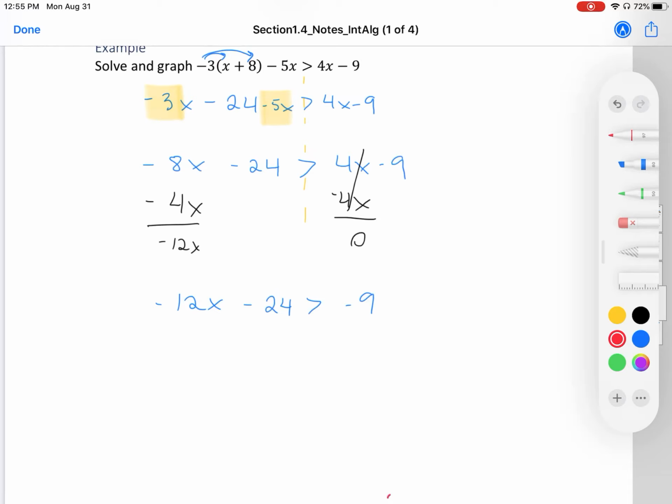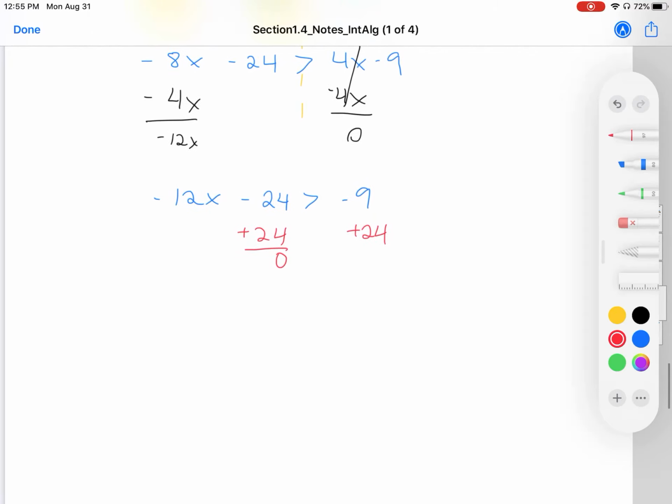Let's move the 24 over, so let's add 24 to make 0. Add 24. And we're left with negative 12x is greater than negative 9 plus 24, which gives us 15.